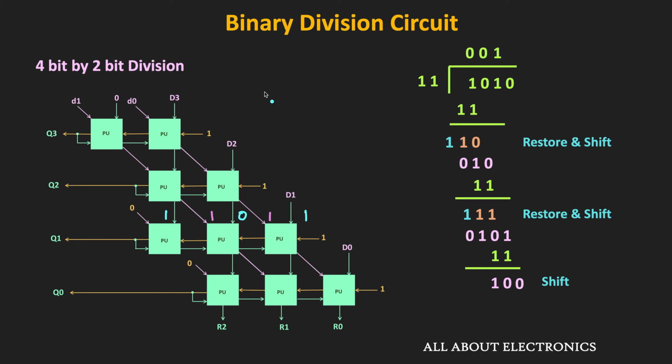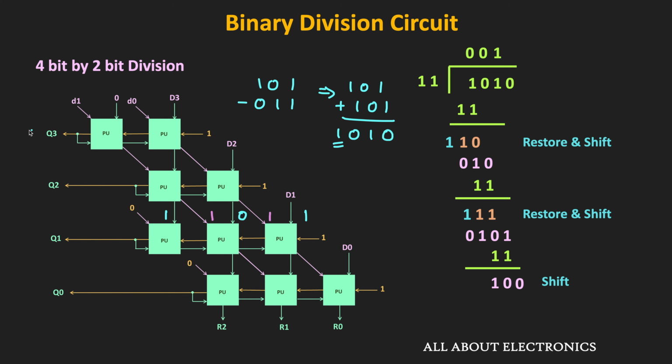So here this 101 minus 011 is equivalent to 101 plus 101, and that is equal to 1010. So as you can see, here we will have a carry after the subtraction.